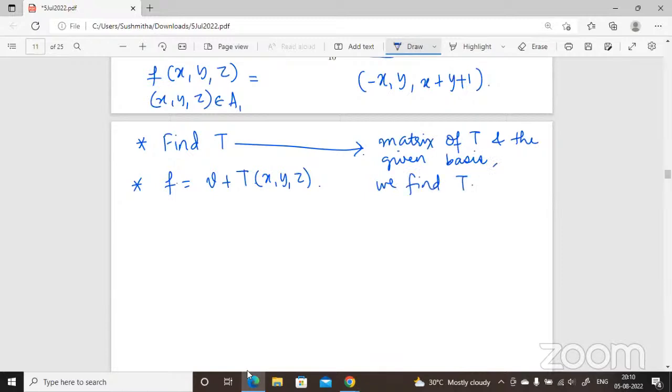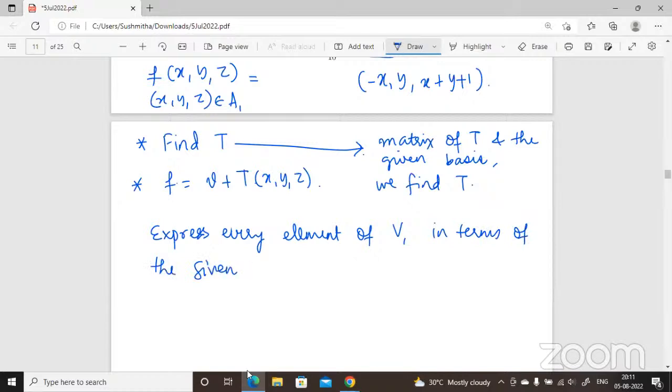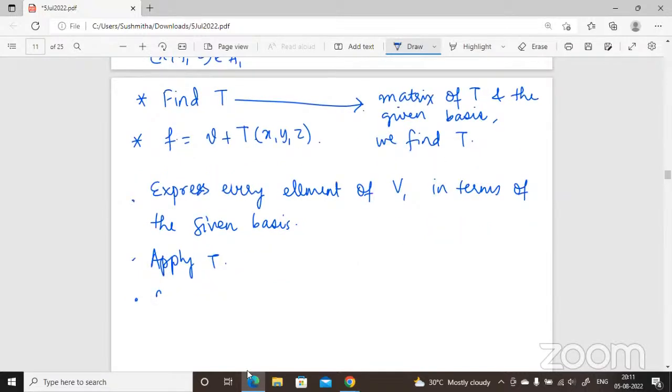So how did we do that? We know the matrix of T and we have a basis. So express every element of V1 in terms of the basis elements, the given basis. And then after you do this, apply T. And then after you apply T, you get T. So T is known here.